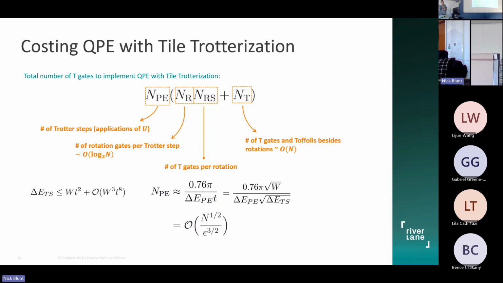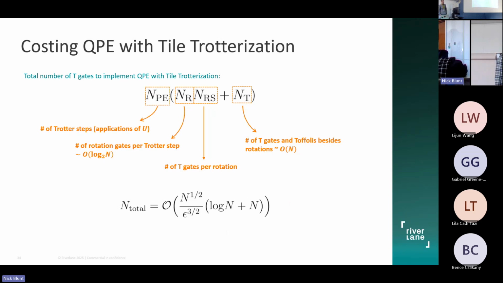And then in the denominator, you have delta E_PE, again the error from phase estimation, and delta E_TS, which is the error from doing this Trotter simulation. If we have a target error of, say, epsilon, we can give half of epsilon to both of these. So both of these are going to be order epsilon, which gets this scaling. So sticking everything together, this is the result that we get. And I leave the log n term in there because this is going to be needed to explain some of the results.